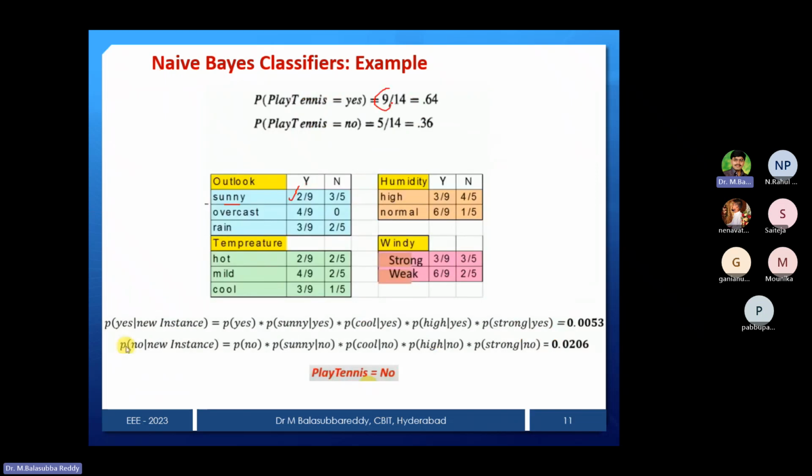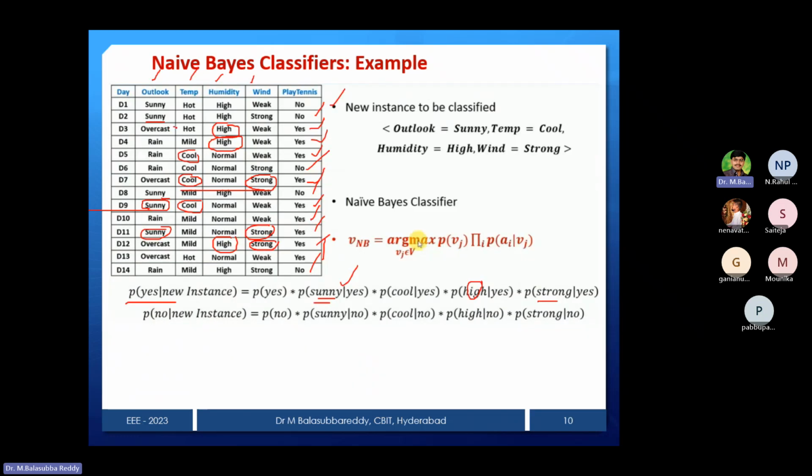Only 9 yeses and 5 no's. That's why out of 9, outlook is sunny, but he played, those instances are only 2. That's the reason you can write 2 by 9. And overcast, so there are 4 overcasts. Yes, you can see overcast is 1 with yes. This is 1.